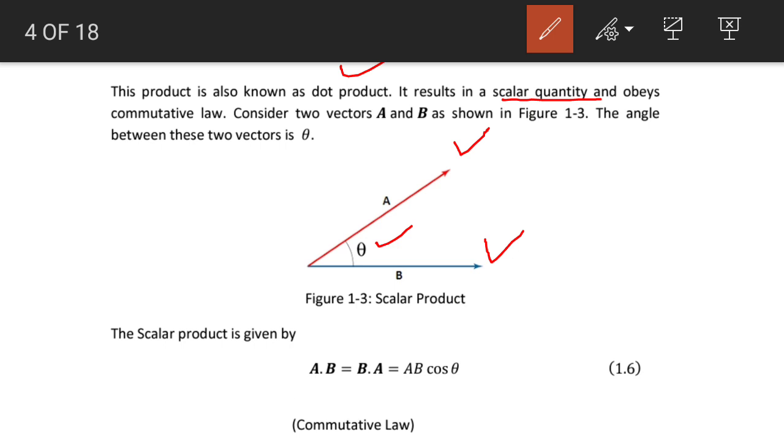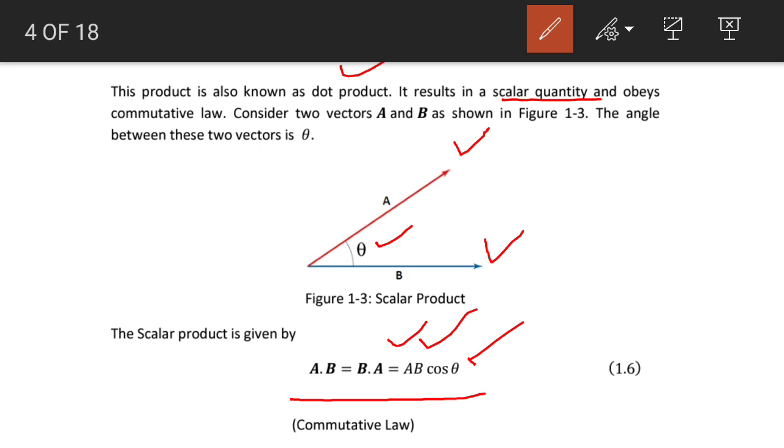So we can change the order of these two vectors. A dot B will be equal to B dot A. The vectors are represented with the help of bold letters in this course. So A dot B will be equal to B dot A, and it will be equal to the magnitude of A multiplied by the magnitude of B multiplied by cos of the angle between these two vectors.